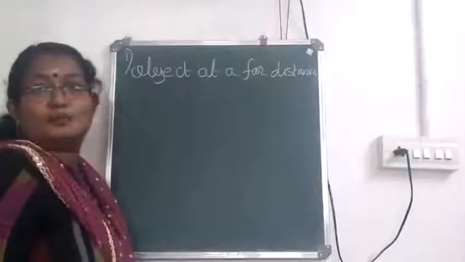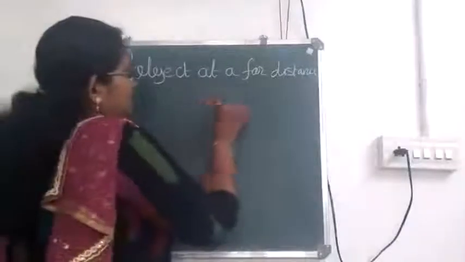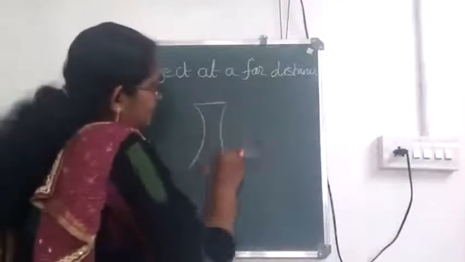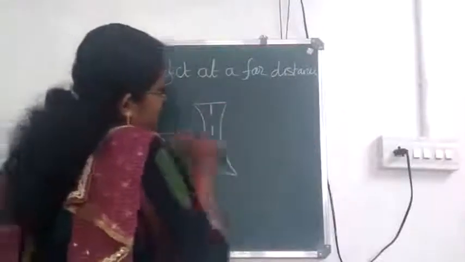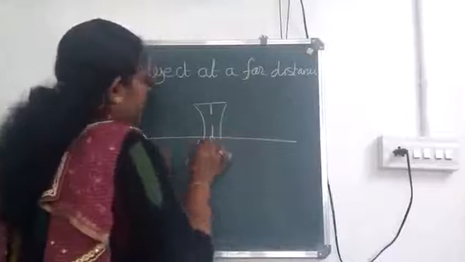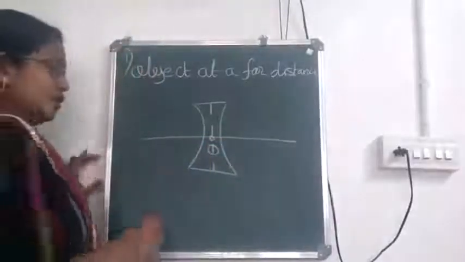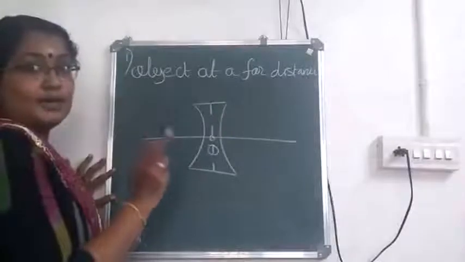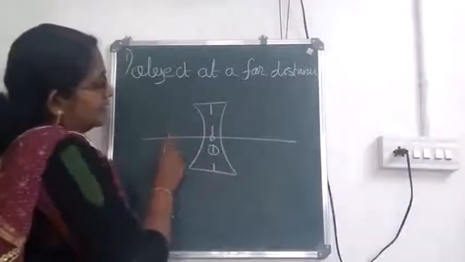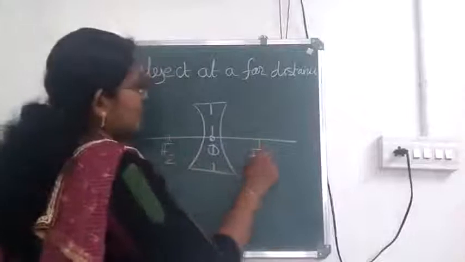It will be oblique incidence, isn't it? So this time I will draw a little bit bigger lens. So don't be confused with the position of first and second focal point. In this case, here it is F2 and here it is F1.